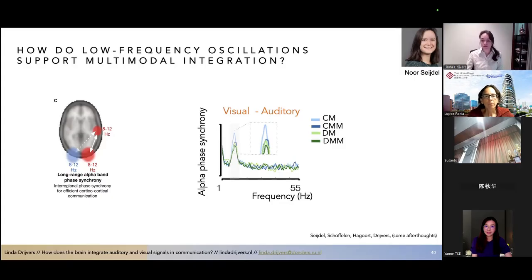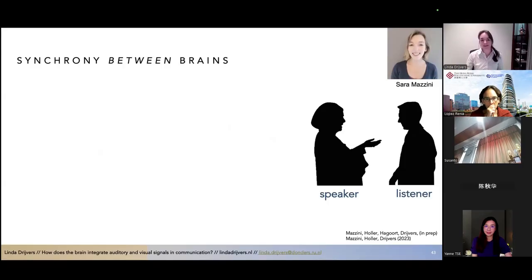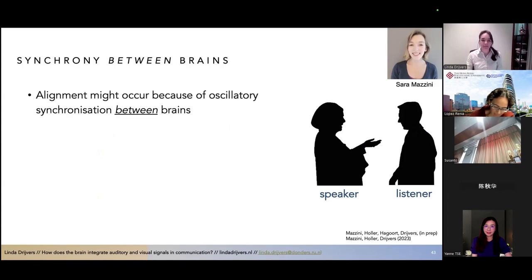Now let's move forward to what happens between brains then. And this is work by Sarah Massini, who just finished her PhD. So she just got her degree. And she reasoned that alignments between people, on a neural level, might occur because of oscillatory synchronization between brains.